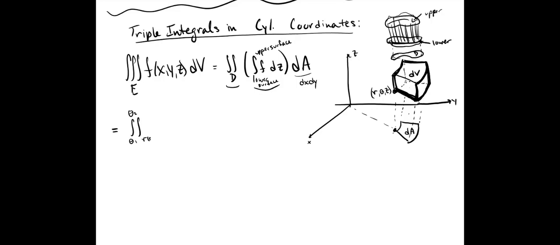R goes from maybe some function of theta to some other function of theta. And then the z value goes from, really these surfaces, these are going to be in terms of x, y, and z.